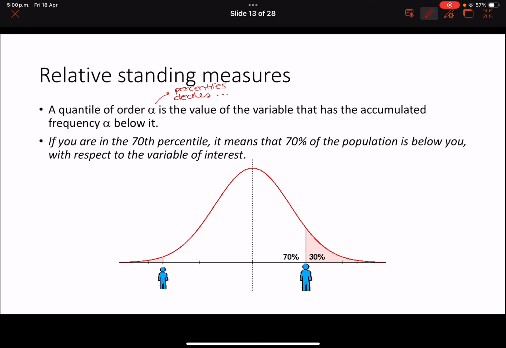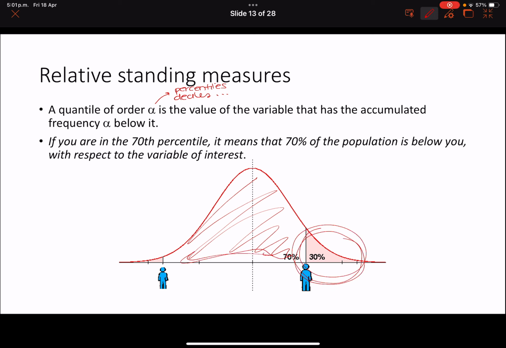So if you are in the 70th percentile, it means that 70% of the population is below you and only 30% is above you.